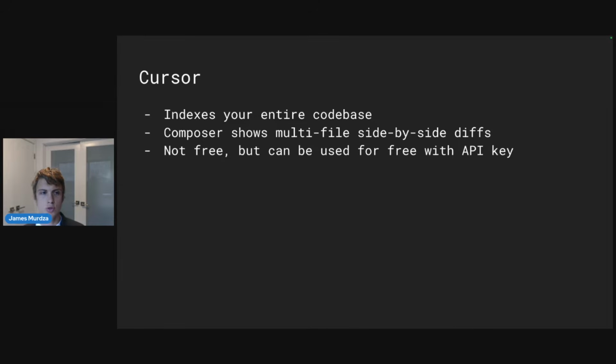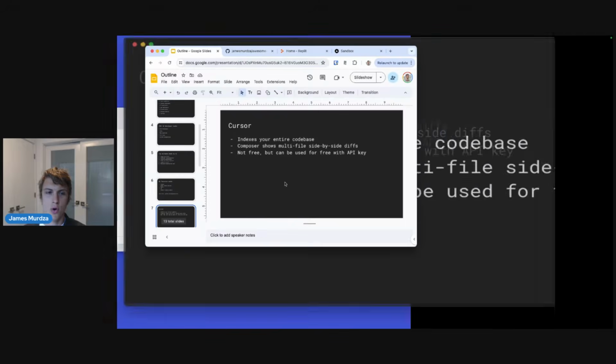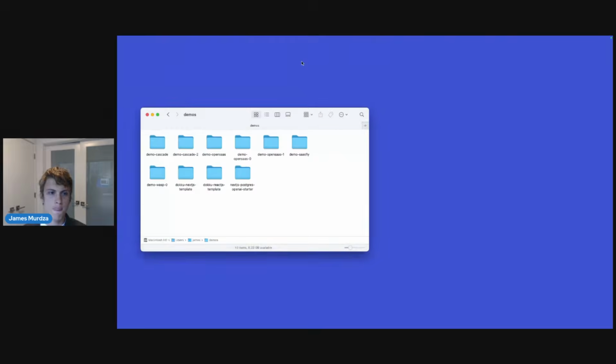Onto the specific tools. So let's have a look at Cursor. Cursor is really good at understanding an entire code base, and it has a pretty useful interface. As I mentioned here, it's not free, but you can use it for free with an OpenAI or Anthropic API key.